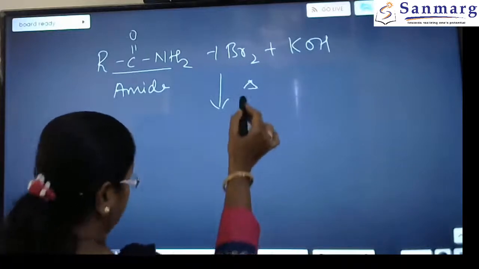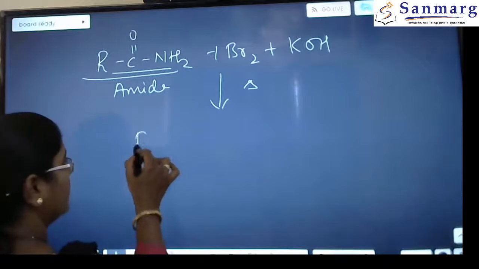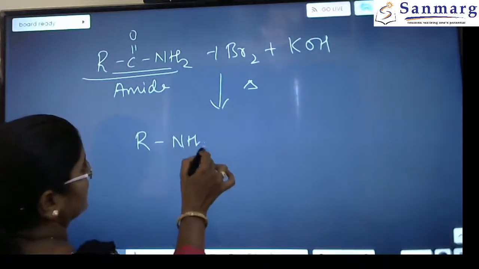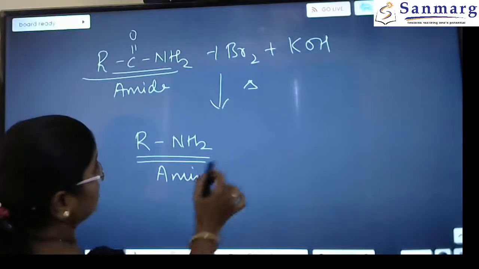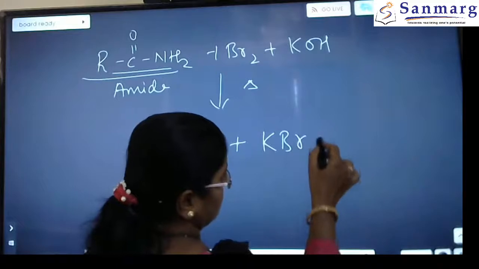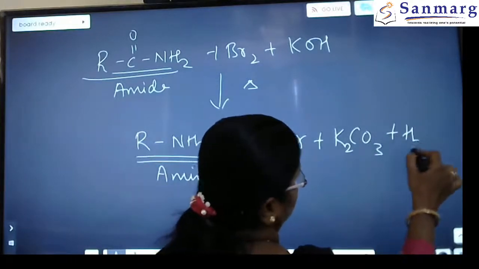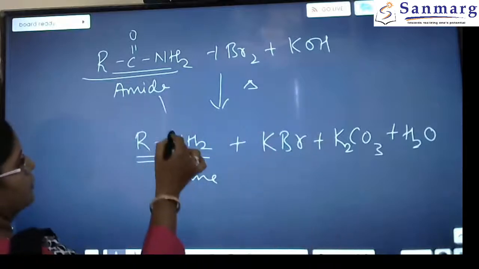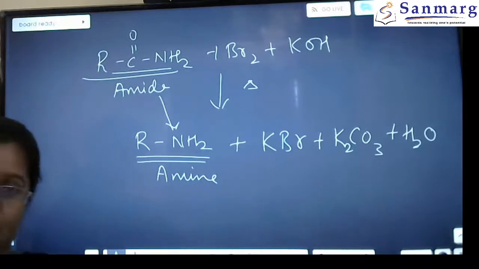Heat it, you get RNH2, amine. Along with that, you have potassium bromide plus potassium carbonate plus water. Amides are converted to amines. So this reaction is called the Hoffman bromamide reaction.